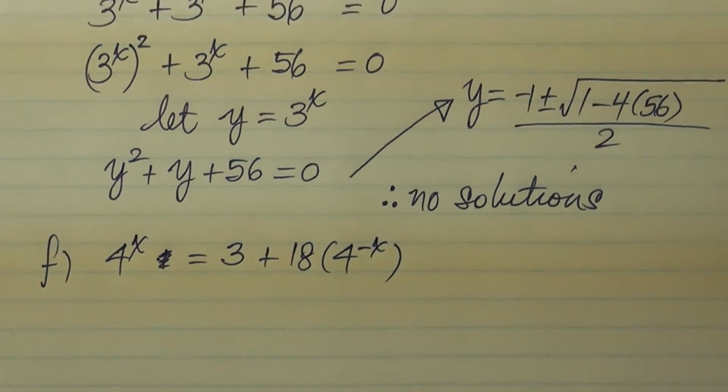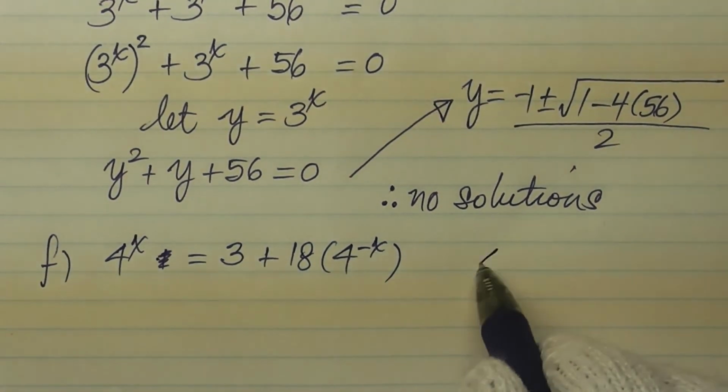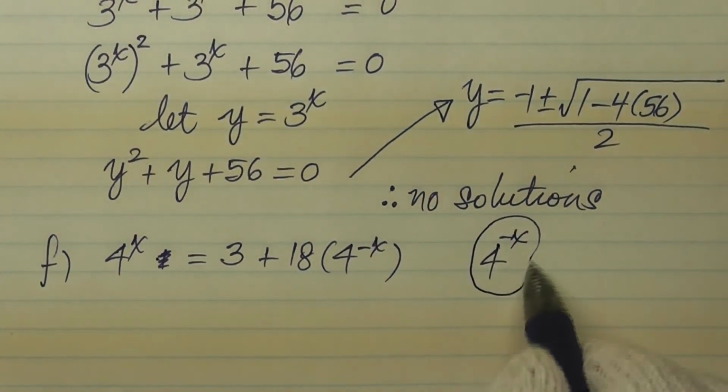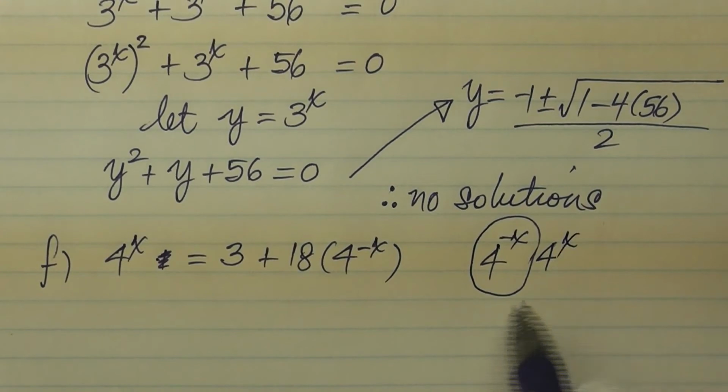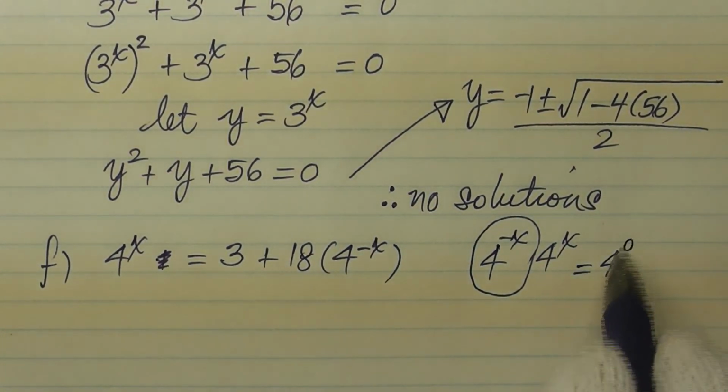Alright, let's try that over here. Notice that we've got 4 to the negative x, we've got 4 to the x, so the lowest exponent is 4 to the negative x, and I need to multiply it by 4 to the positive x to get 1, or to get 4 to the 0.